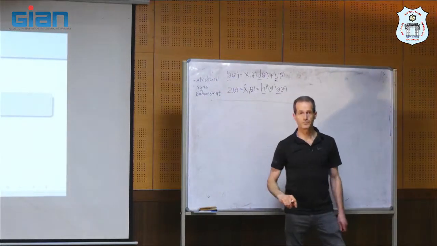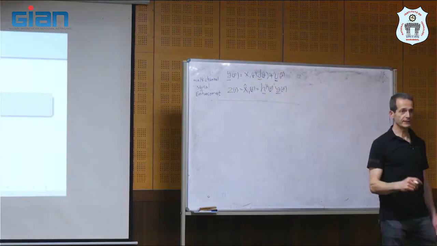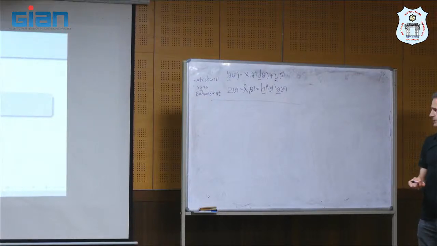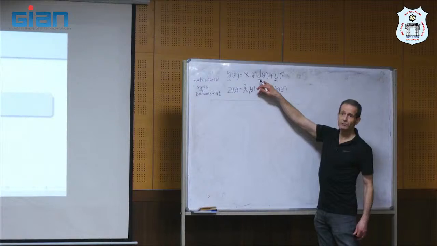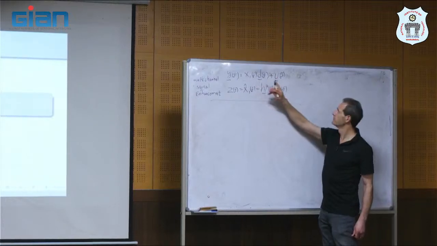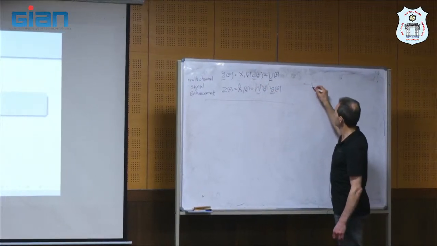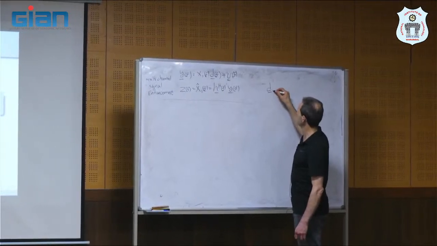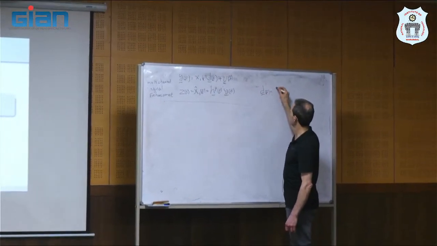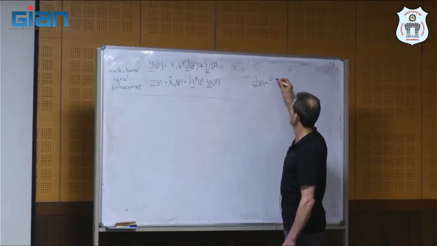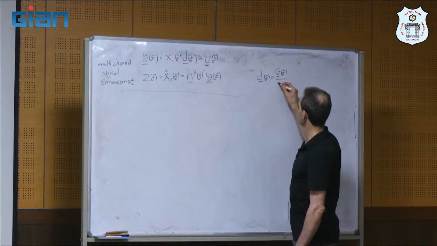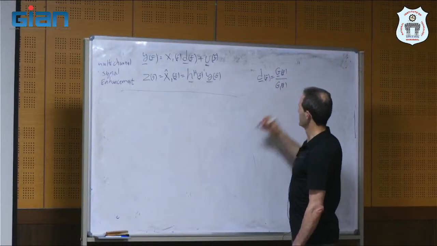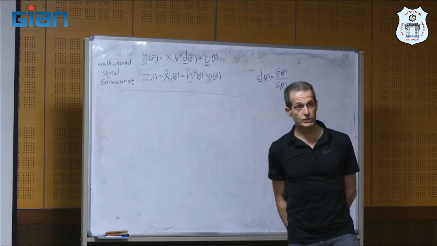Now, which information did we use? Okay, so we used information about the relative transfer function. This is the information that we use. The relative transfer function is an important part.